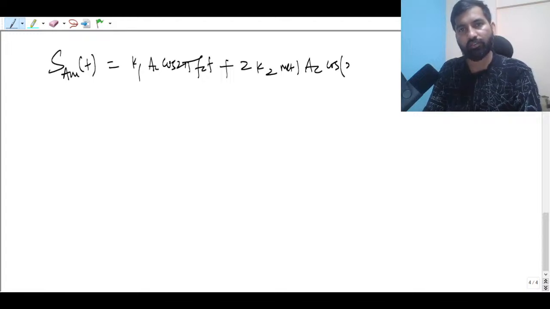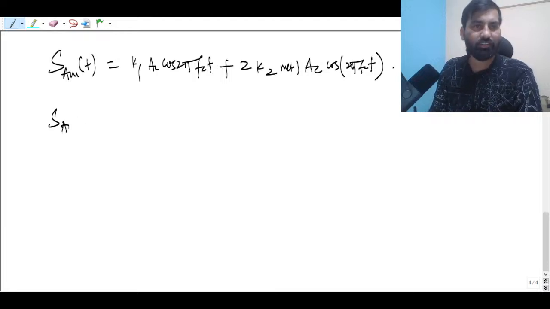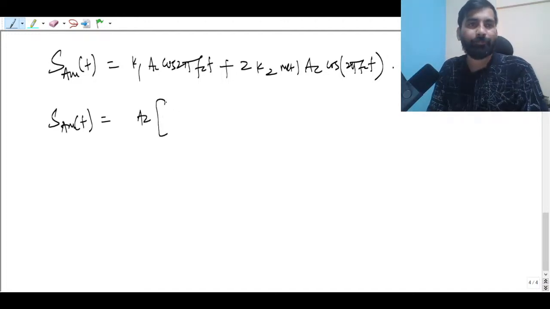AC cosine 2 pi FCT, right? So you can write this by taking AC common, or you can also take K1 AC common, no problem.